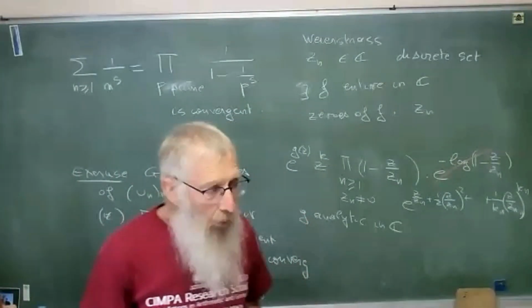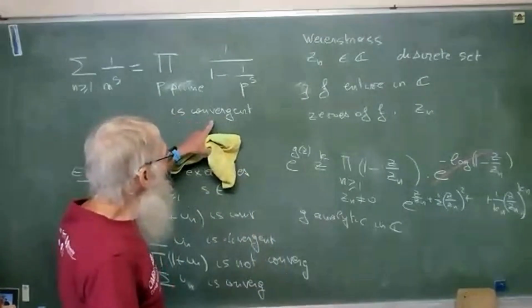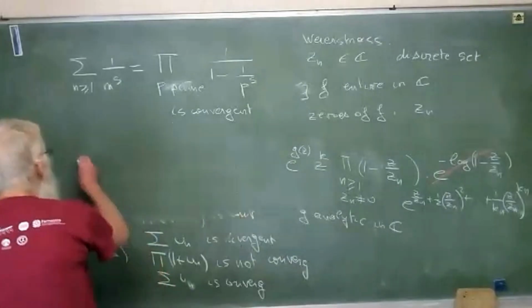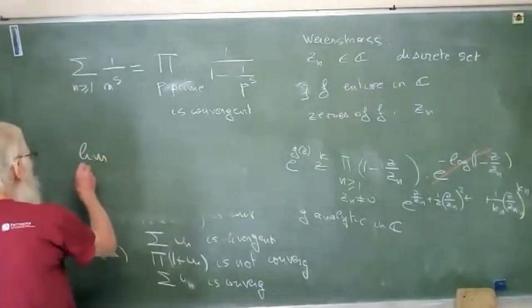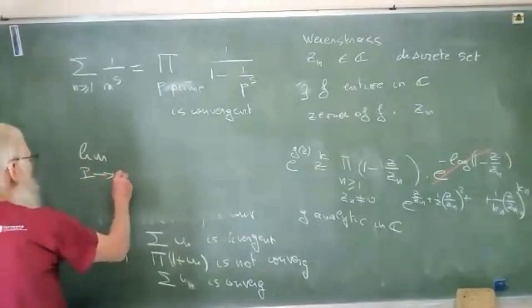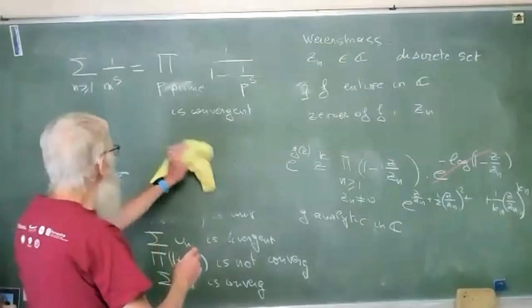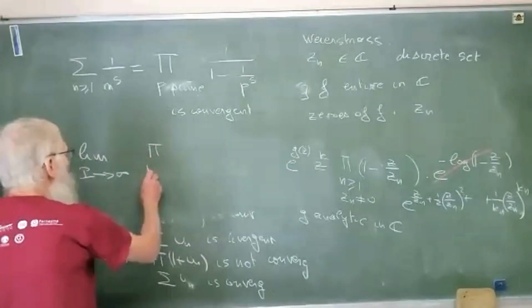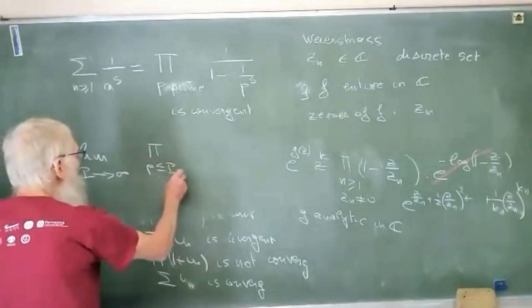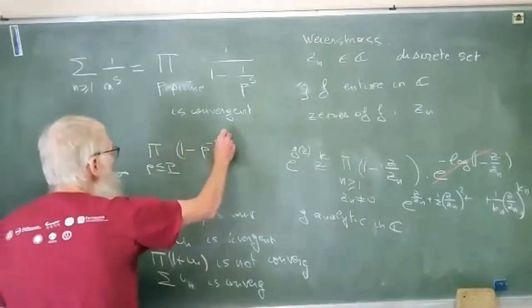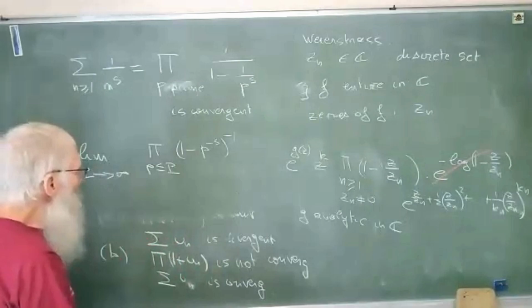So what we have to prove is that the limit exists and is not 0. So we are interested in the limit as P tends to infinity of the product over p less than P of (1 minus p to the minus s) to the minus 1, and to prove that this is non-zero.